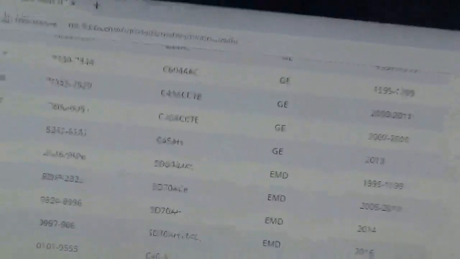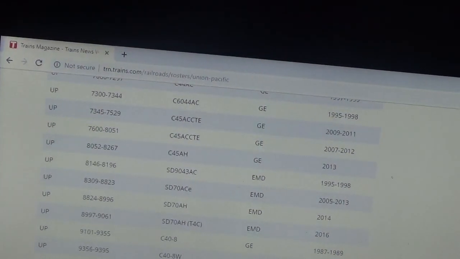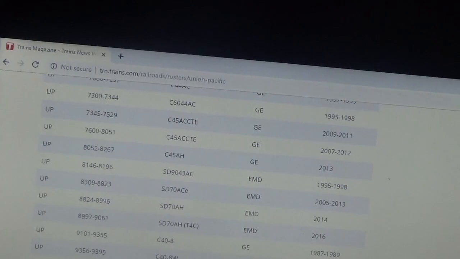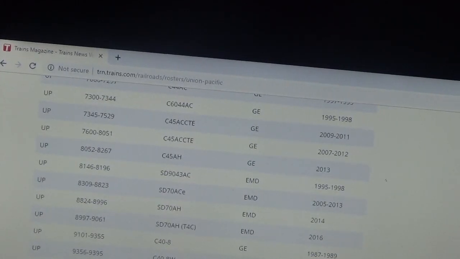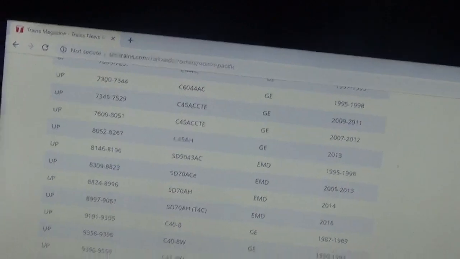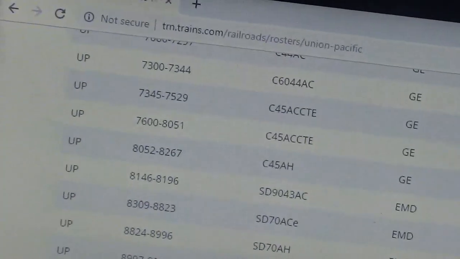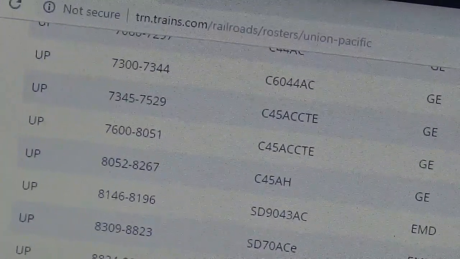That's basically all that it shows on a roster, and all you need to know about a roster. It shows your initial, number series, what type of locomotive it is, who built it, and what year it was built. That's exactly what is on here.